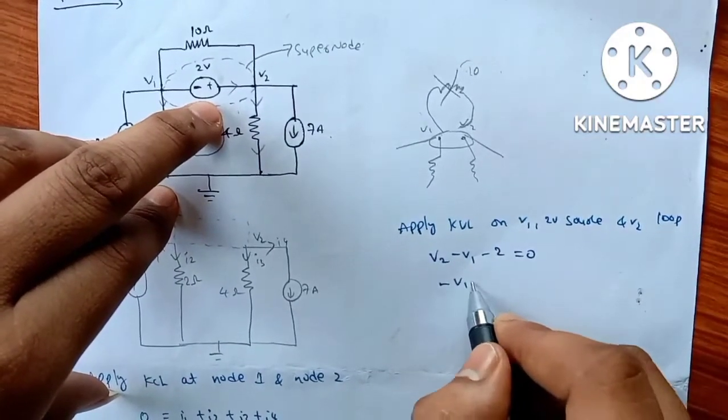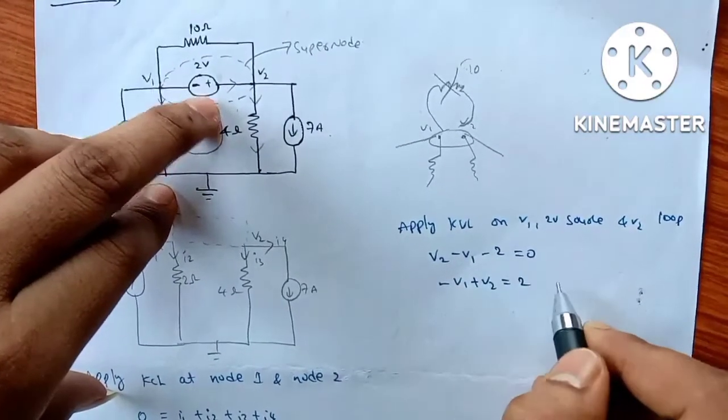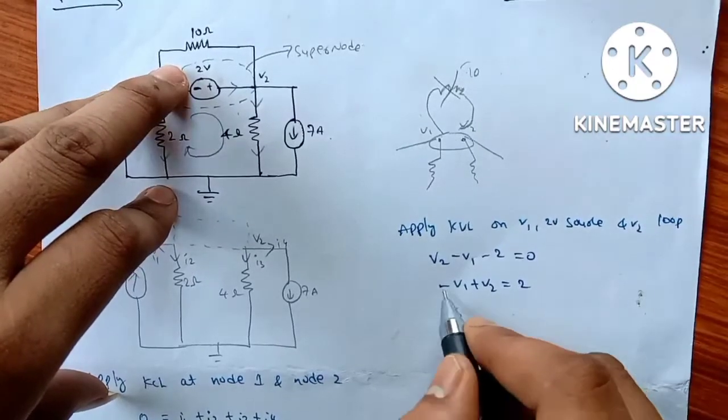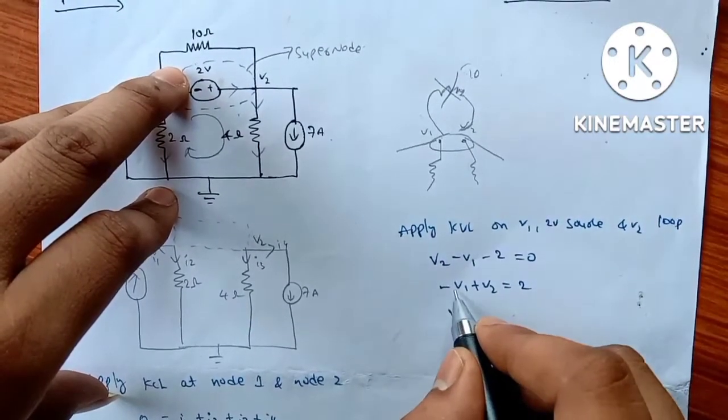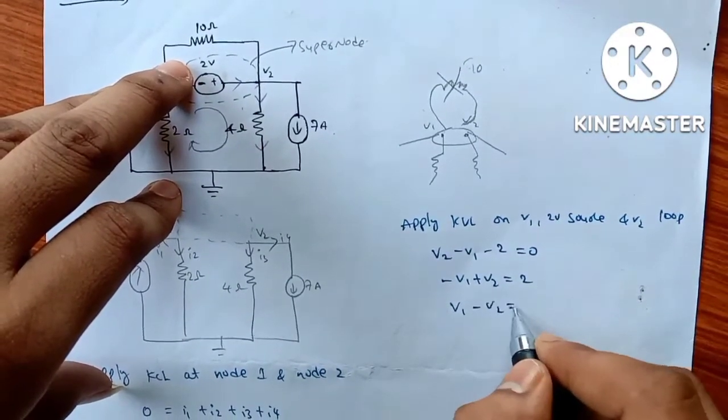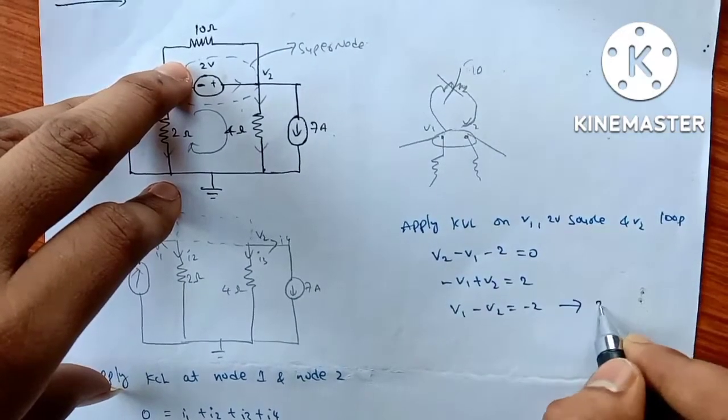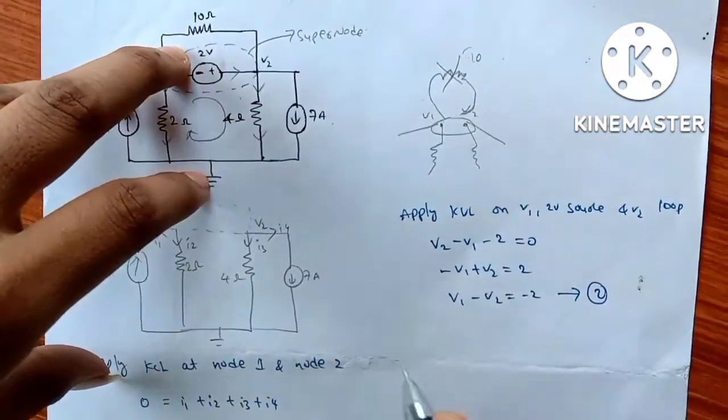So minus V1 plus V2 equals 2, or taking minus as common, V1 minus V2 equals minus 2. Consider this as equation 2.